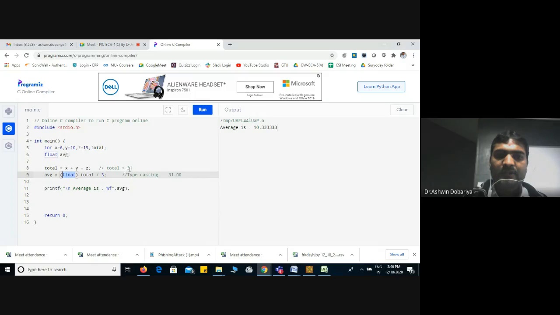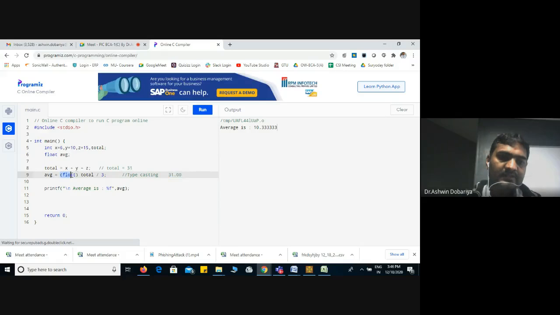So in this statement, the compiler will consider 31.00. Now 31.00 means one value is float, another is integer, so finally it will generate a float output, and float output means 10.33. This conversion process is known as typecasting.